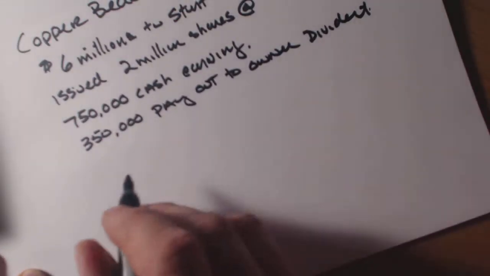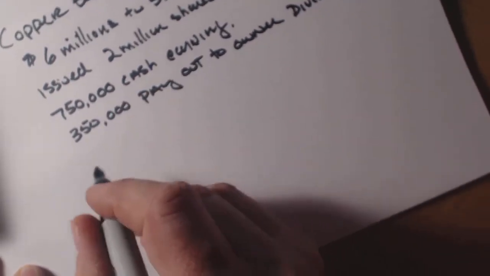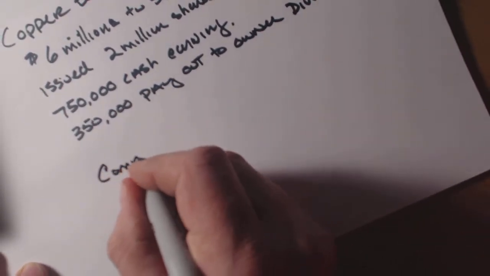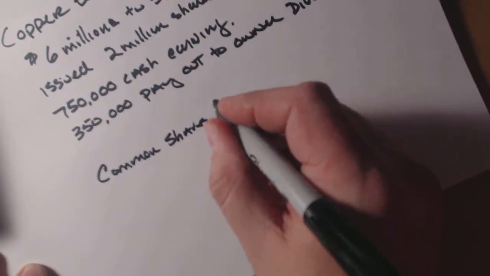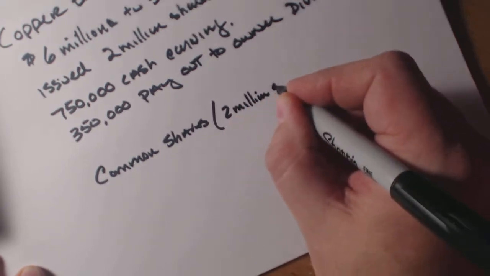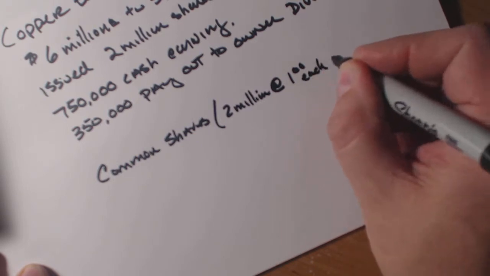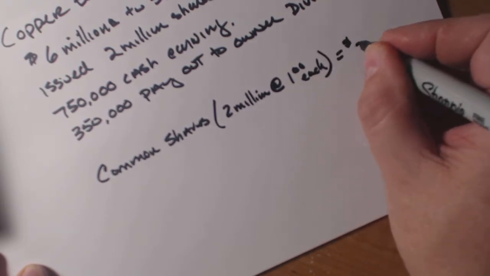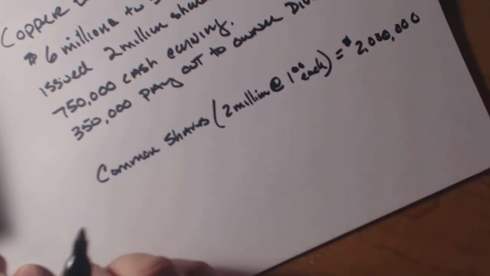So what we're going to do is build this statement, and this is how it's going to start off. We're going to have common shares of stock. So now we have 2 million shares at $1 each, which is equal to $2 million when you multiply that out.